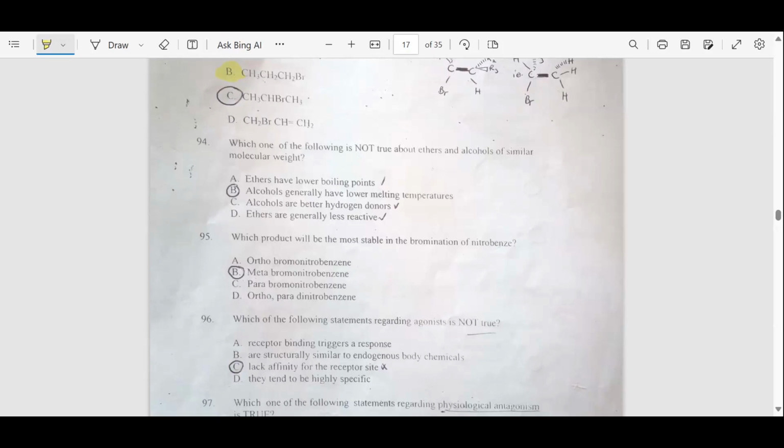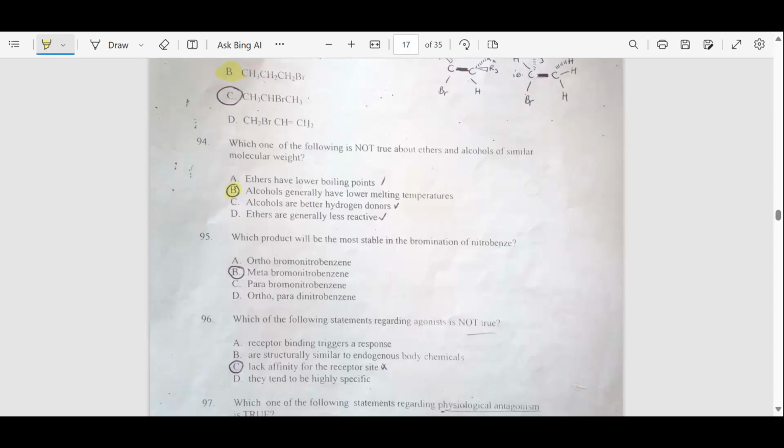So what are your thoughts about it? I'm thinking choice B, because alcohols, because of that potential for hydrogen bonding, generally they will have a higher boiling point and a higher melting point. So I'm thinking choice B. So anyone with a different answer?